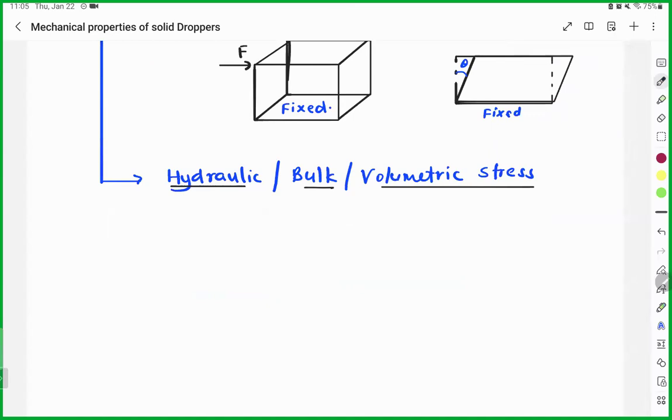Jordan, what was Newton's formula for sound and the Laplace correction? Newton's formula is V equal to root of E by rho. Oh, sorry, E by P, pressure.